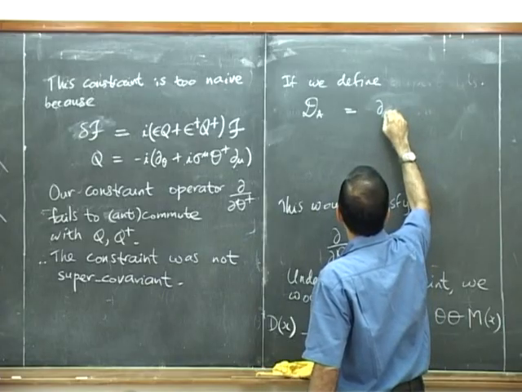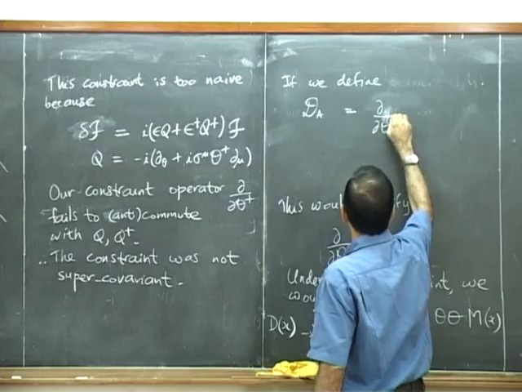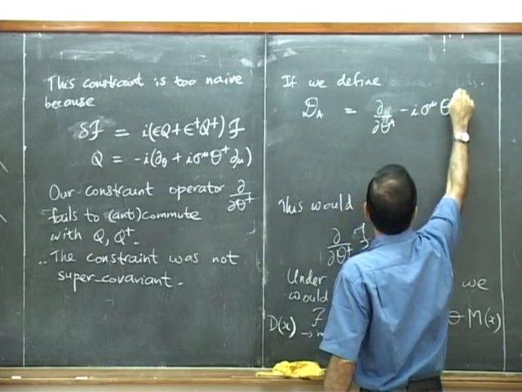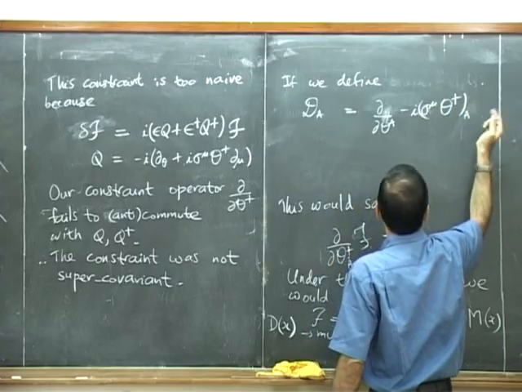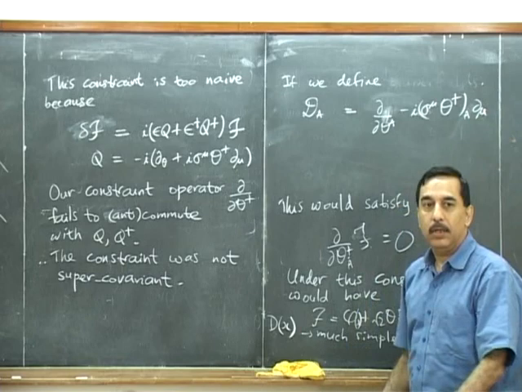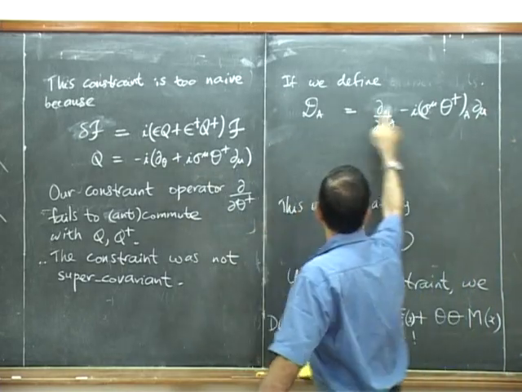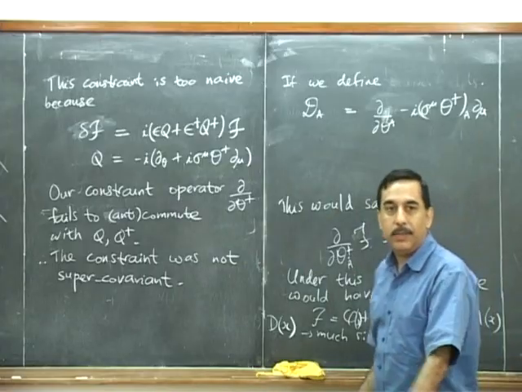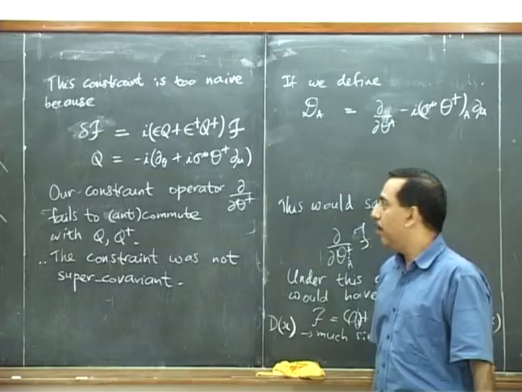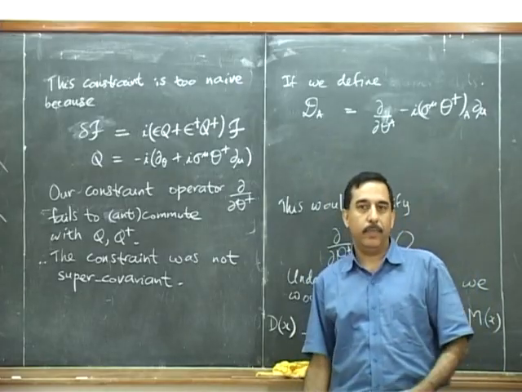So D alpha, which means del by del theta alpha, this is better, minus i sigma mu theta dagger alpha del mu. I could have, if I wanted, put an overall i outside everything, but for some reason DGR don't do that, and it doesn't matter because I'm going to use this operator mostly to impose a constraint.